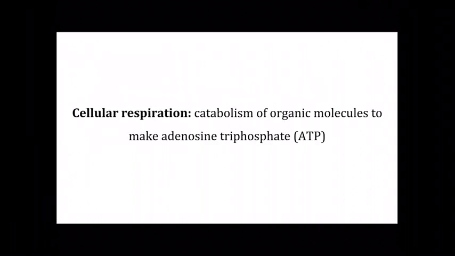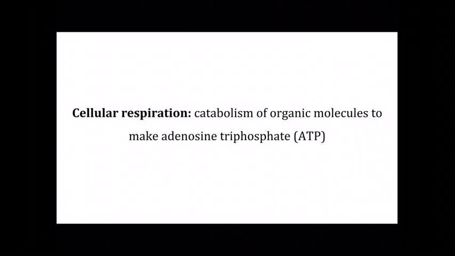Okay, so we need to define a few terms before we can talk in more detail about what's happening with cellular respiration. Let's start with the term cellular respiration, even though we already defined it, but we'll do it again. This is a different definition, but that's okay. Cellular respiration is the catabolism of organic molecules to make adenosine triphosphate, which is ATP.